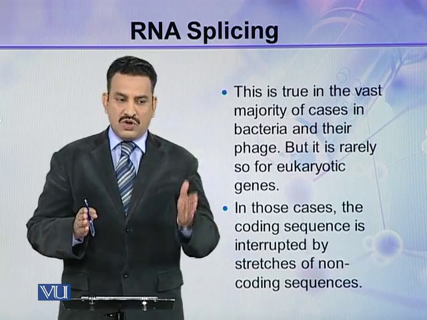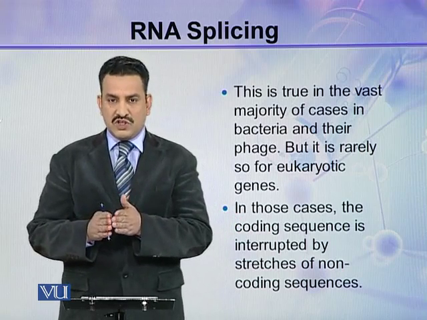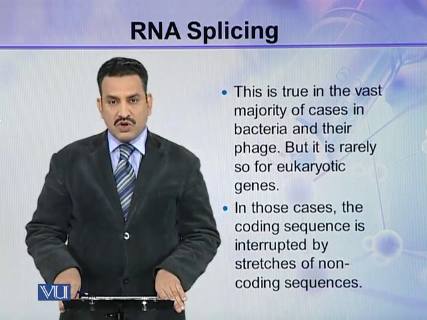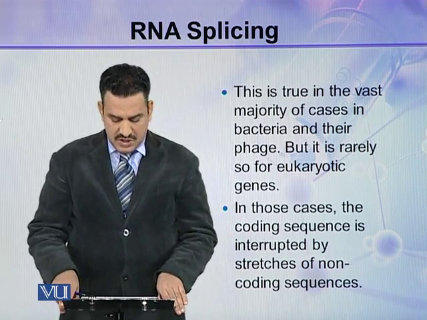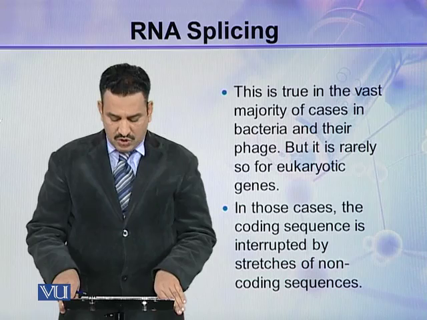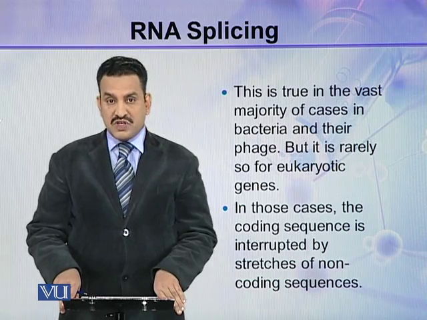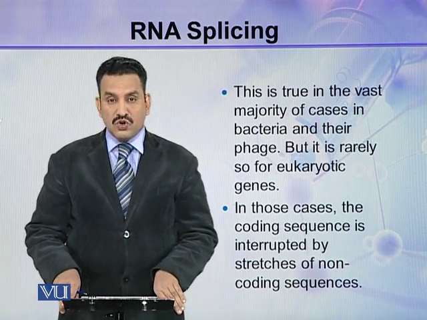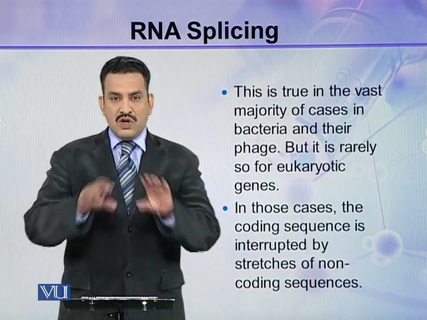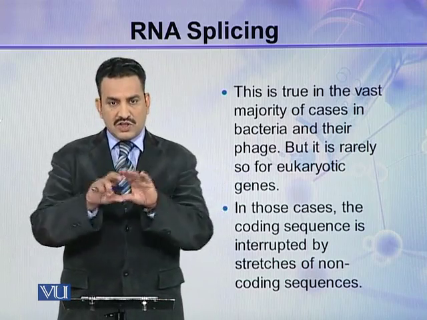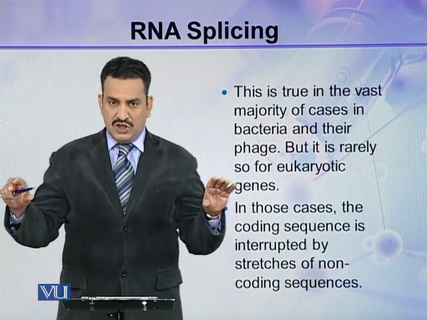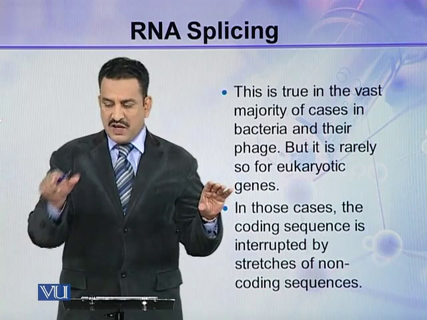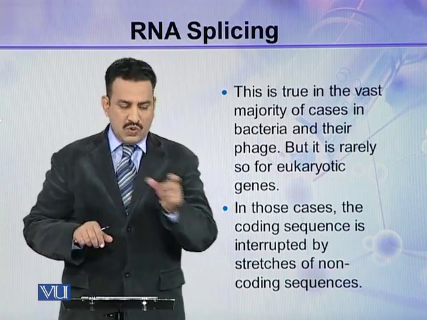That is, all the codons are adjacent to each other. But in eukaryotes, it is different. In those cases, the coding sequence is interrupted by stretches of non-coding sequences. So the full sequence of a gene is interrupted by some non-coding sequences.